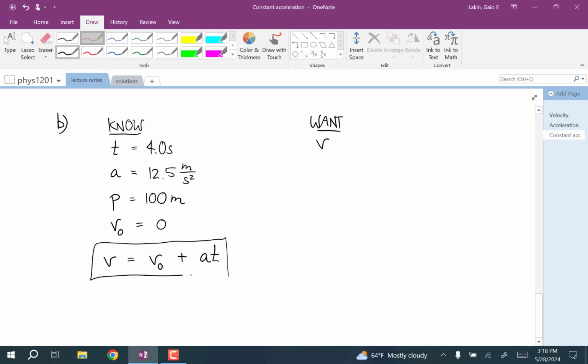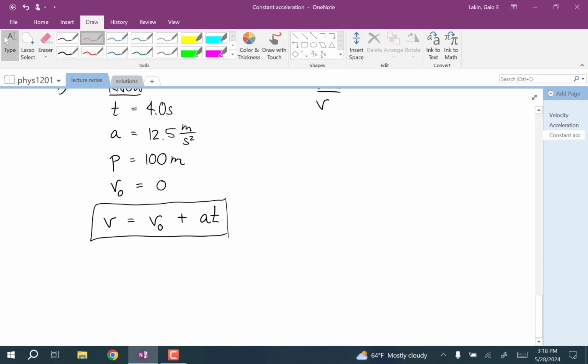So this one will work fine, and we don't have to look any farther. So V is equal to 0 plus 12.5 times 4. And so V is equal to 50 meters per second.